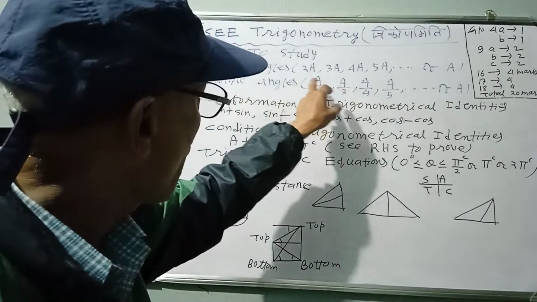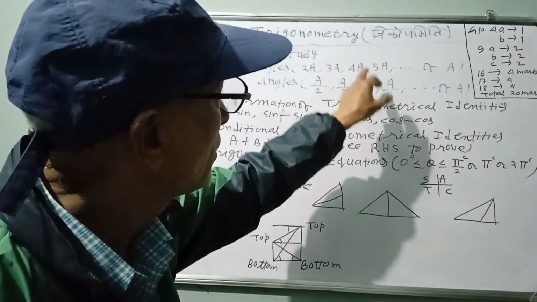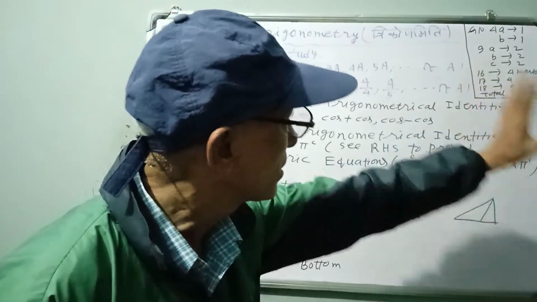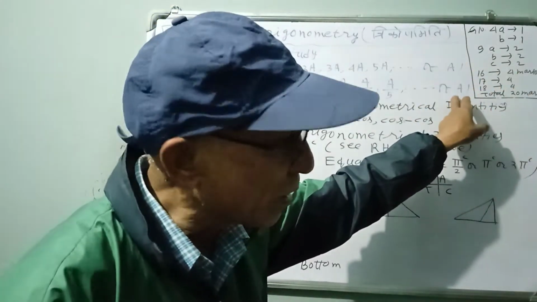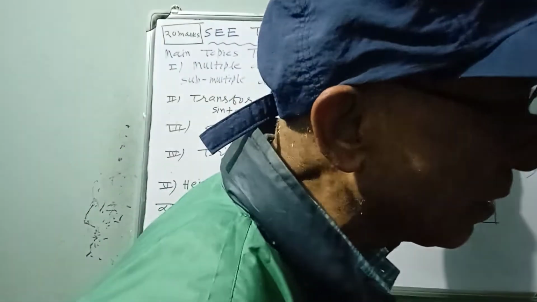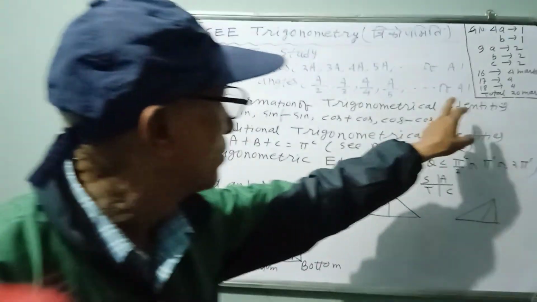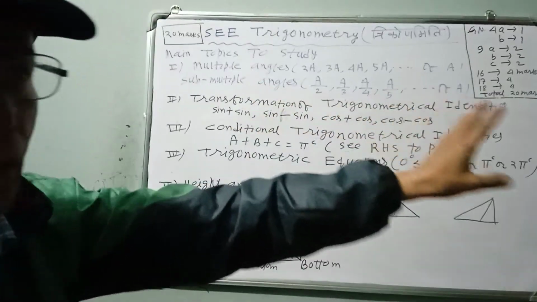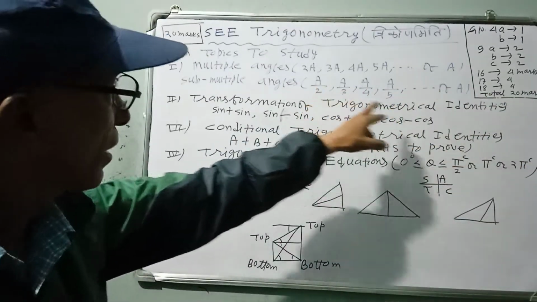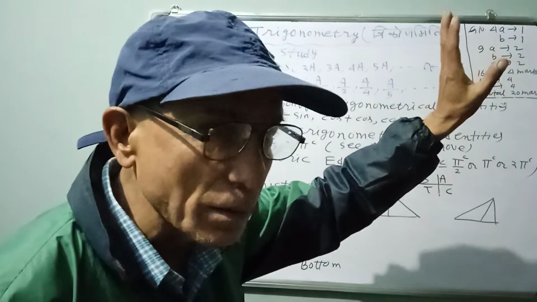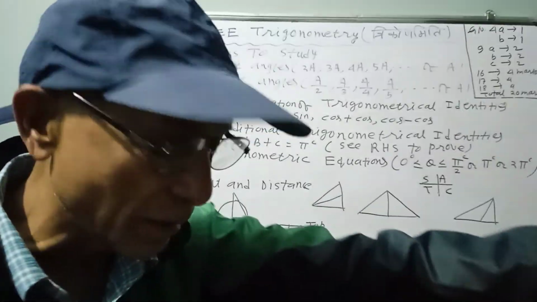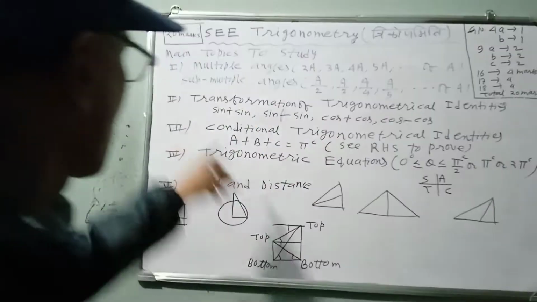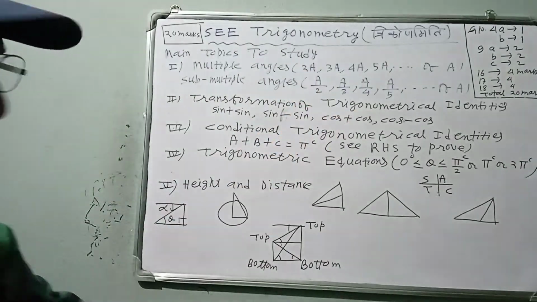The angles like A by 2, A by 3, A by 4, A by 5, A by 6, A by 7, A by 8, etc., which are smaller than A, are called submultiple angles. Submultiple angles are smaller angles than A. See, A is the given angle, and A by 2, A by 3, A by 4, etc. are smaller than A. They are called submultiple angles.